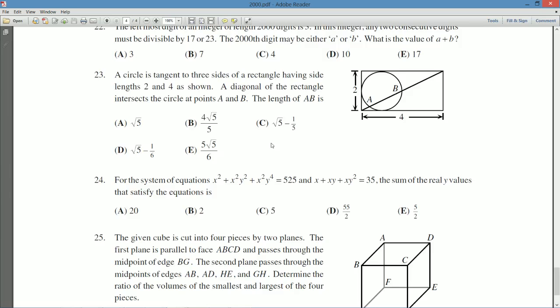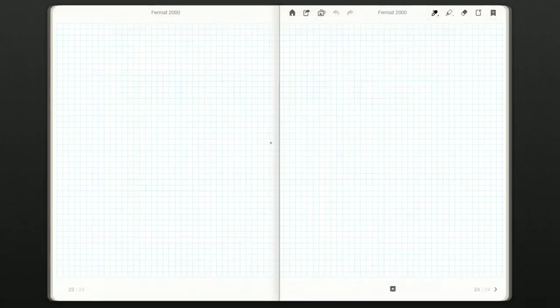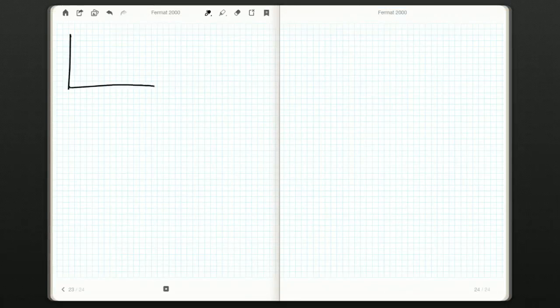So, first of all, let's draw ourselves a little picture and see if we can better understand this circle. It's tangent to two sides, so maybe we can figure out its diameter and therefore its radius. Probably should have drawn the circle first and then drawn the rectangle around it, but oh well.